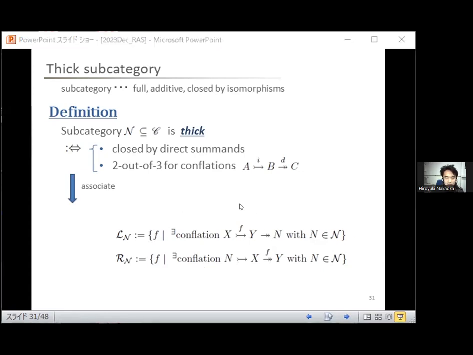And then we take finite compositions of these morphisms to obtain a class of morphisms S_N.